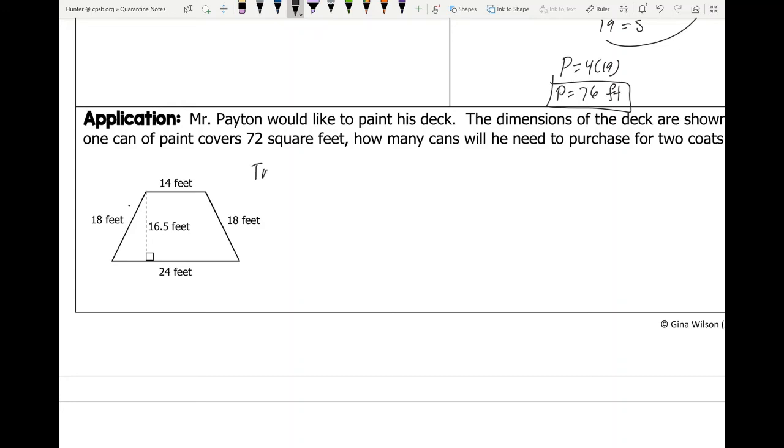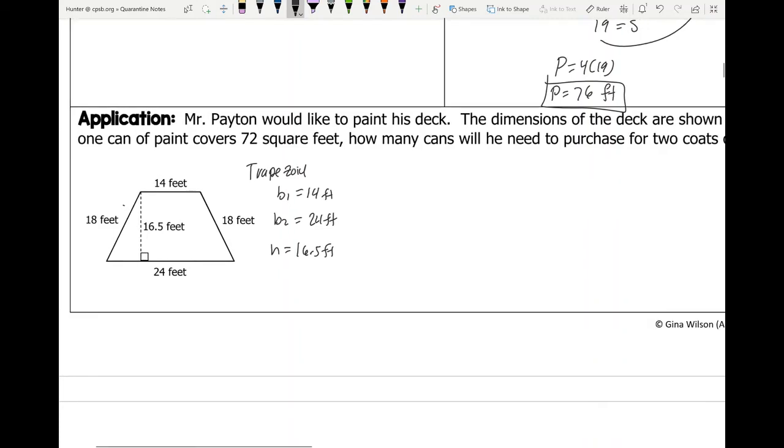It is a trapezoid, so I need a base 1, a base 2, and a height. My base 1 is the 14. It's the one that's intersecting the dotted line. And then the other base will be 24 feet. The height is just the 16.5 feet.